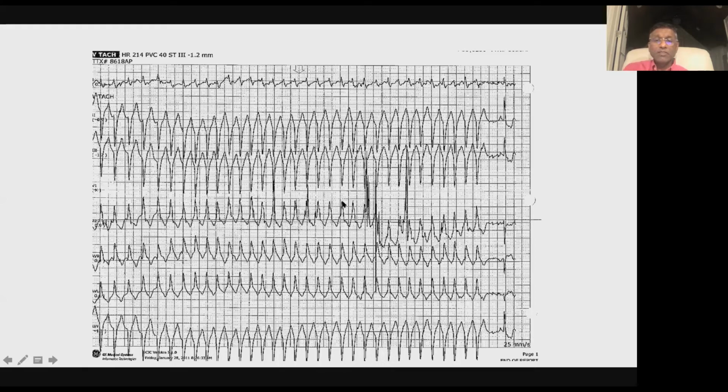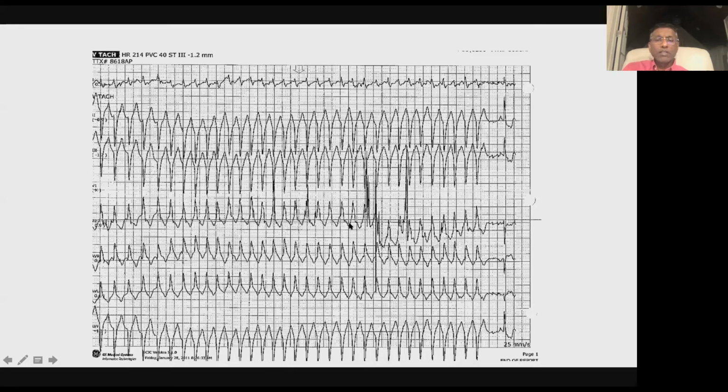Okay. So this one, which way is it going? It looks like R, S, R prime looks a little shorter. Do you agree? Atypical. Even though it's all squished together, you can see R, S, there's a little sliver of an R wave, S wave there, and then an R prime here. So very atypical looking right bundle in V1.